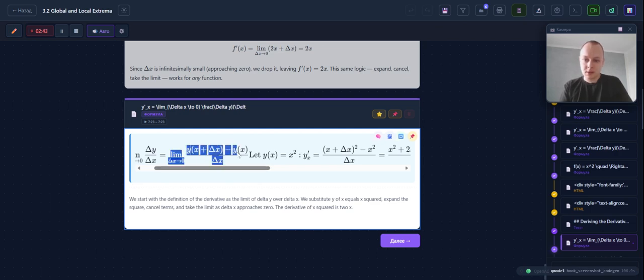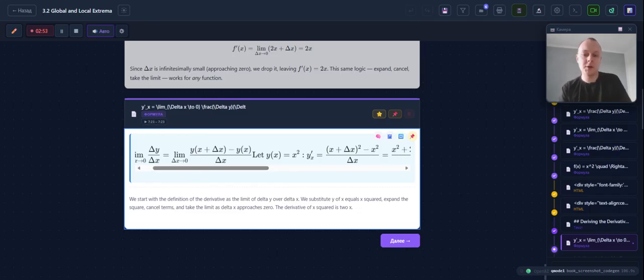This is the general formula of finding the derivative. It's our function at x plus delta x minus our function, and this whole thing we divide by delta x. So in such a way we can find our derivative value. Another name for the derivative is slope, in the geometrical way of explaining things.